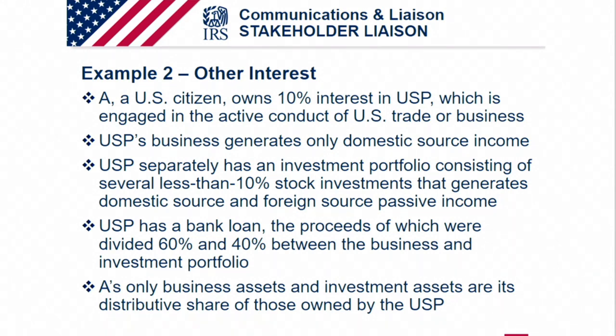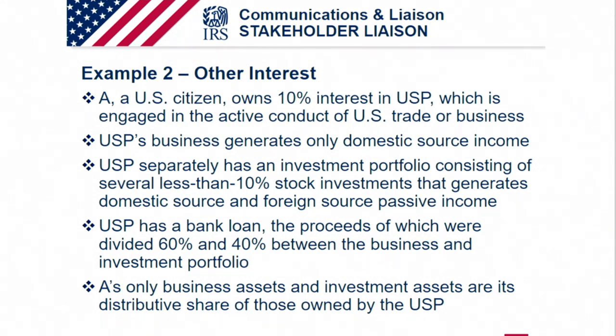USP's business generates only domestic source income, and USP separately has an investment portfolio consisting of several less than 10% stock investments that generate both domestic source and foreign source passive income. USP has a bank loan, the proceeds of which are divided 60% and 40% between the business and the investment portfolio. And A's only business assets and investment assets are its distributive share of those owned by the U.S. partnership.